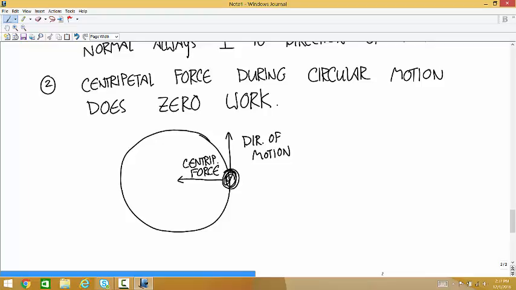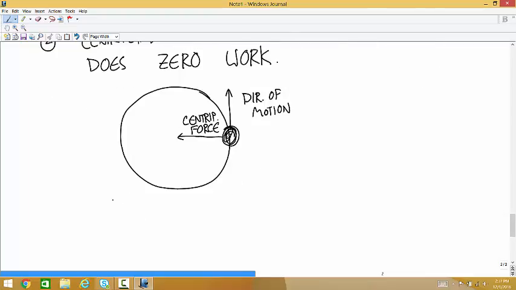Those are perpendicular, and so the work is equal to zero. The direction of motion is perpendicular to a centripetal force.